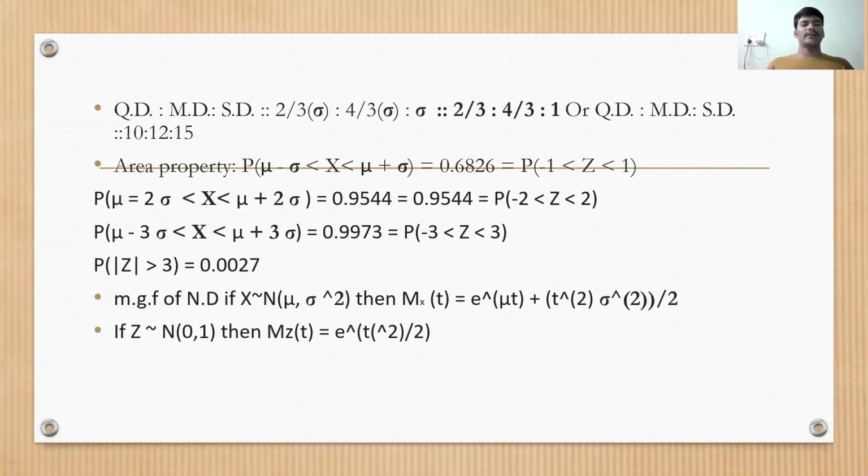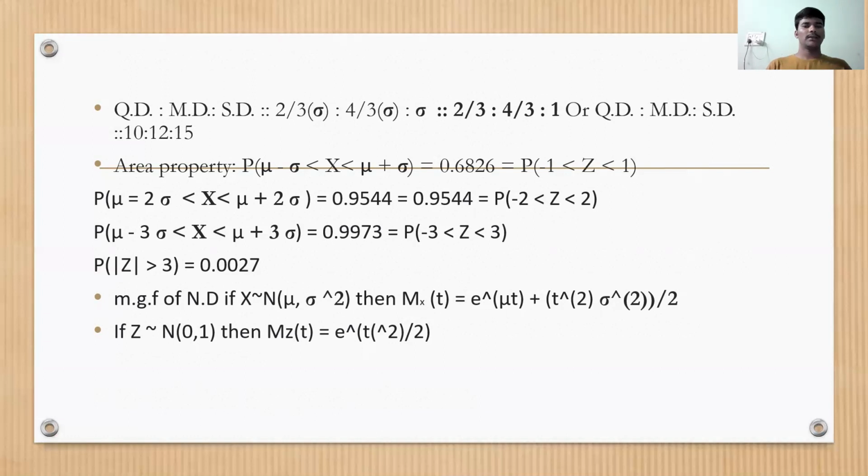Now the MGF of the normal distribution. If x follows N of mu comma sigma square, then M x of t is equal to e power mu t plus t square sigma square by 2.